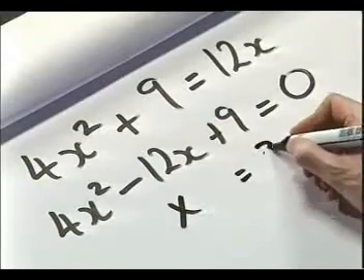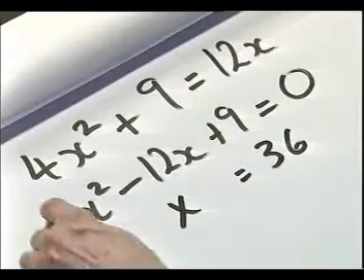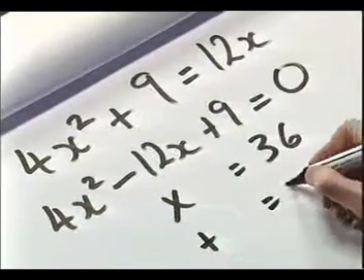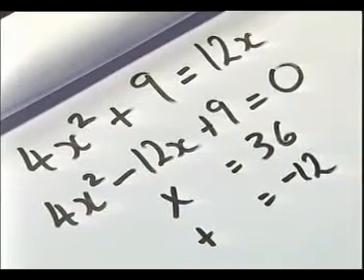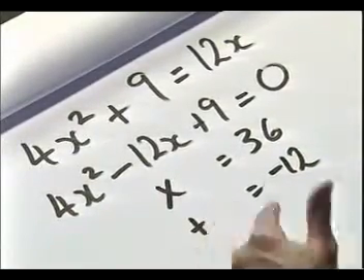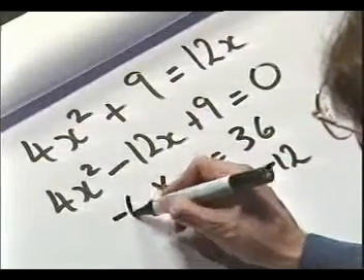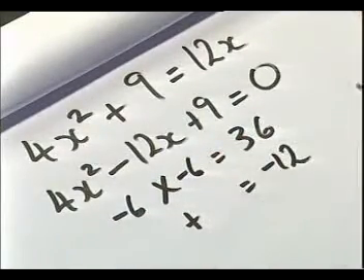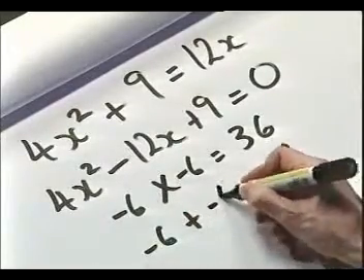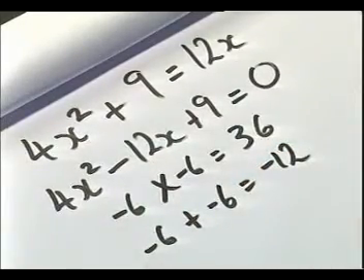Factorize it. We're looking for two numbers that would multiply together to give us 36, 4 times by 9, and would add together to give us minus 12. Well, 6 and 6 give us 36, and if we make them both negative, minus 6 times by minus 6, they still give us plus 36, but now they add together to give us minus 12.